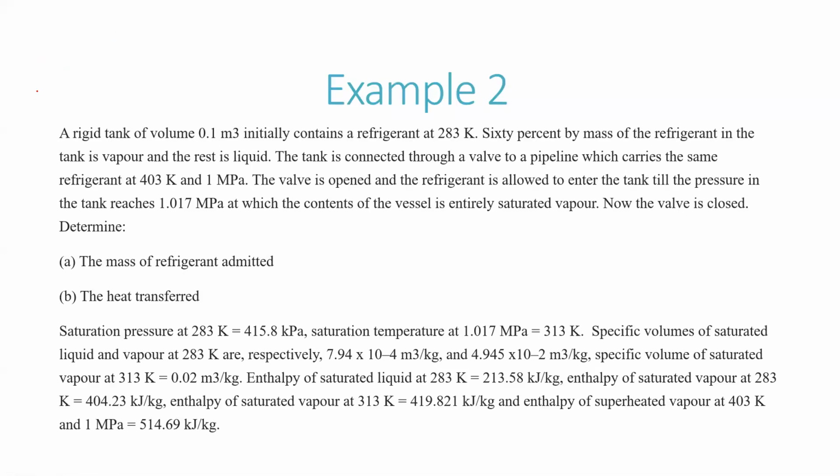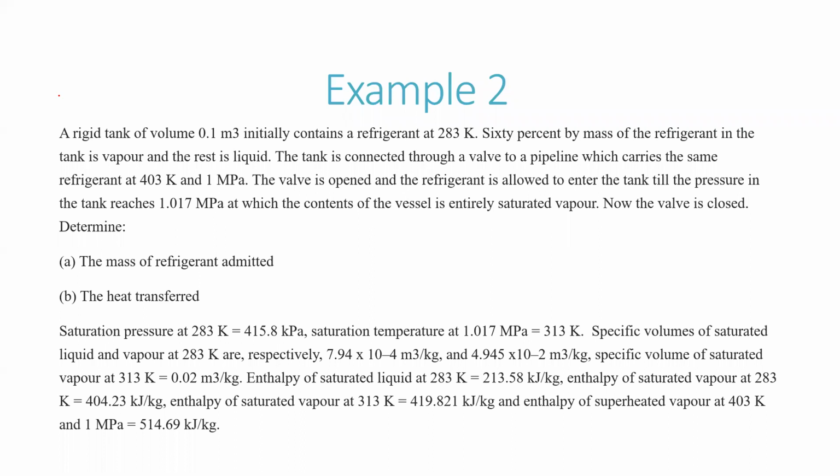Then they have given 60% by mass of the refrigerant is vapor. What this implies is that this is a mixture of vapor and liquid under saturation, so this gives you the quality. If you remember for steam, we discussed that quality is the mass fraction of vapor.